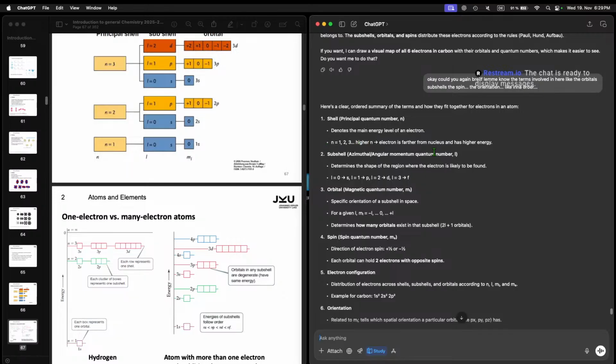Higher n means the electron is farther from the nucleus. Subshell determines the shape of the region where the electron is likely to be found. Orbital magnetic quantum number gives the specific orientation of the subshell in space. Okay, I understand this one and this one. Spin is just either the plus or minus.